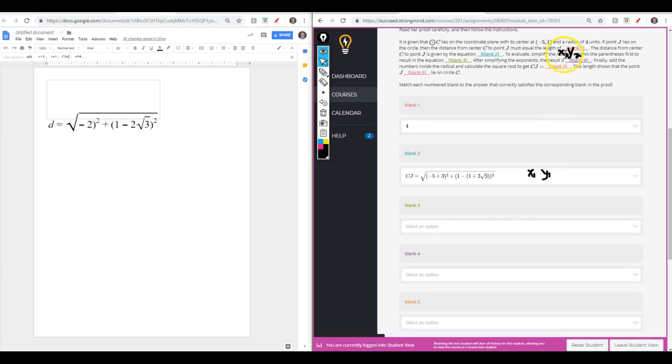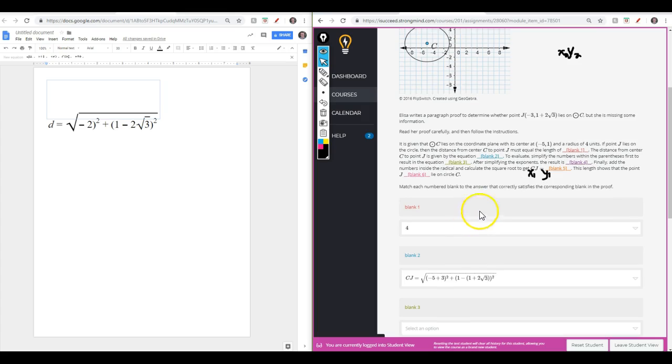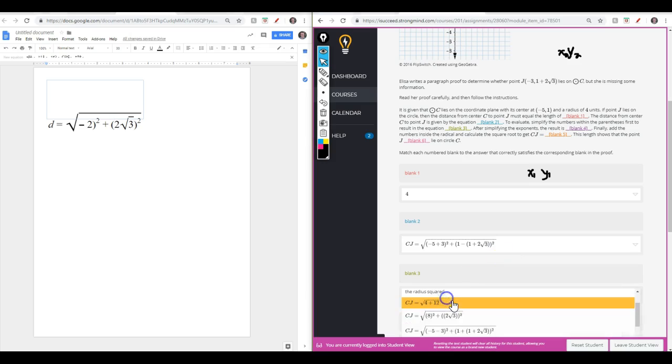So evaluate, simplify the numbers within the parentheses first. Alright, so within the parentheses, did I miss, oh, I'm missing this 1 right there. So this would actually be 1 minus 1 plus. Okay, so how we would simplify this is we would just treat them like numbers. 1 minus 1 is 0. 0 plus 2 square roots of 3 is 2 square roots of 3. So that's what simplified form would look like.